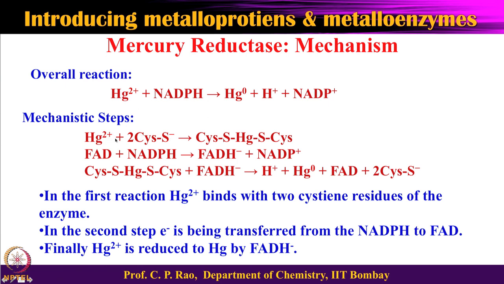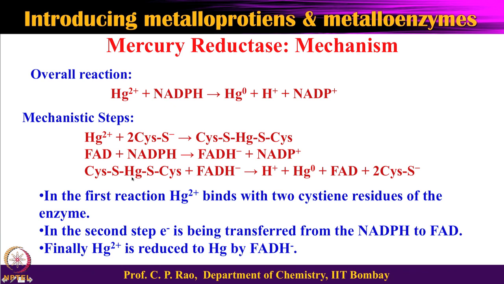As I said initially, the first thing is the mercury ions must bind to these sulfhydryl functions. The second thing is that there should be an electron transfer. For that you have an FAD; NADPH will activate the FAD to FADH minus, and this FADH minus will act on the bound complex and thereby reduce the mercury ion to 0.